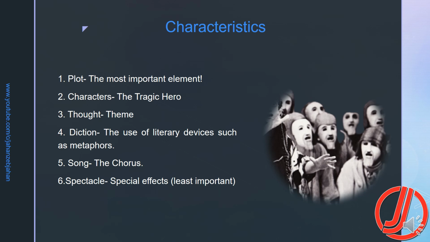Diction is there, in which literary devices such as allegories, metaphors, puns, similes are used. Songs are sung by the chorus, which add to the aesthetics of the drama. Spectacle is there, which creates special effects. This is least important, but still it is there.